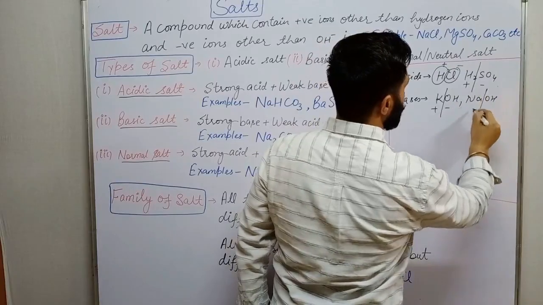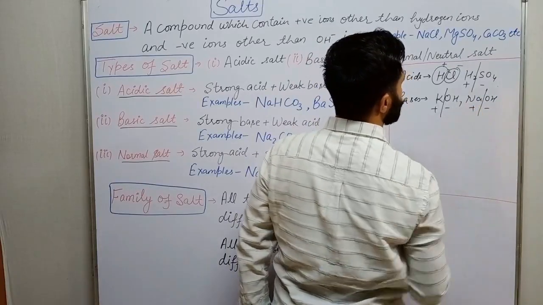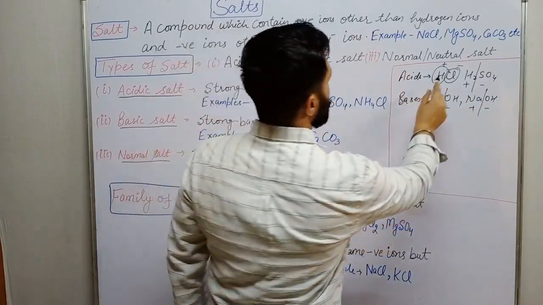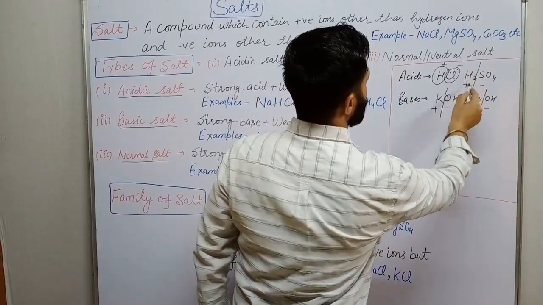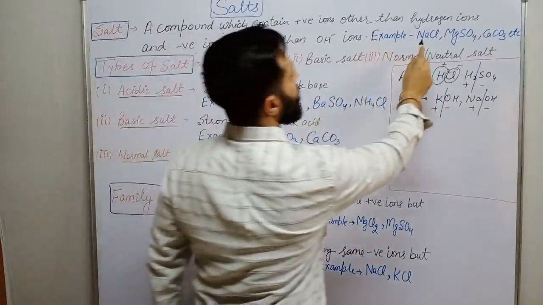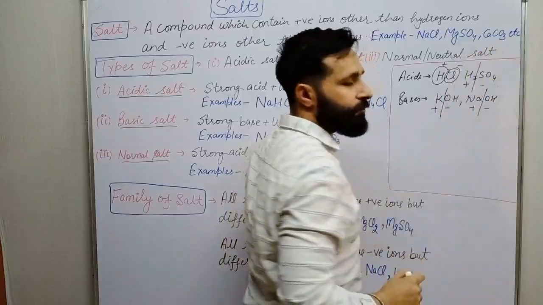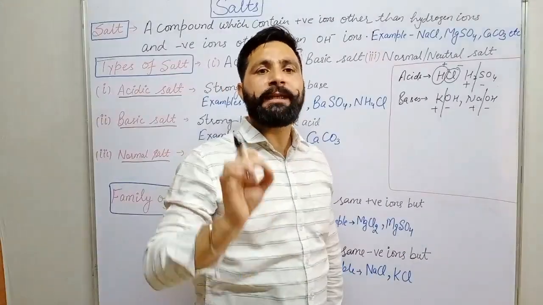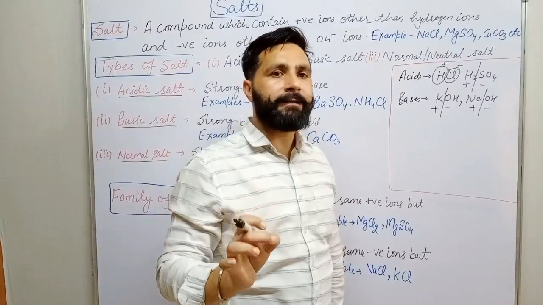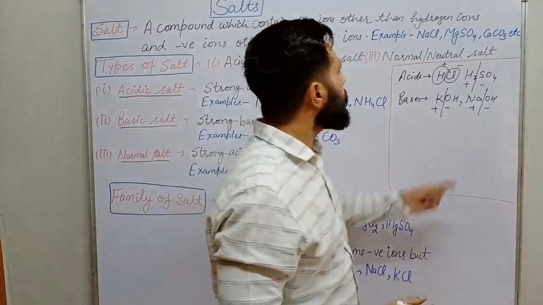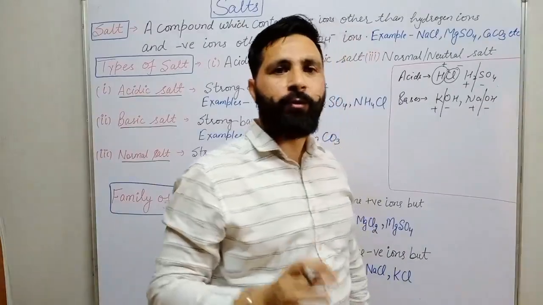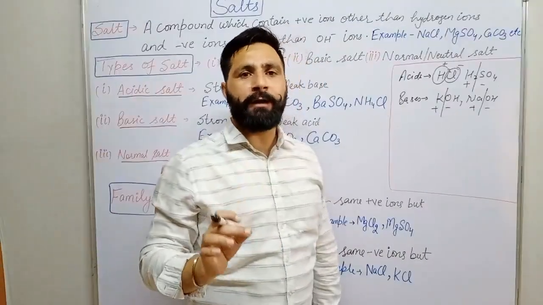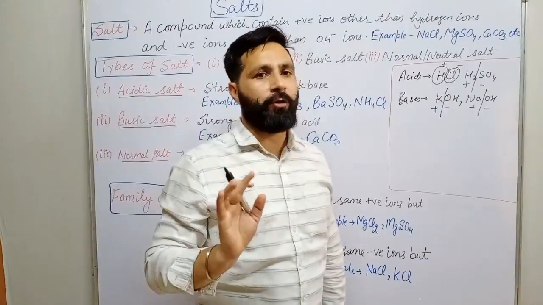So beta, the positive ion is hydrogen ion here, but in salts like NaCl, MgSO4, CaCO3, any compound in which you will not see H, that is a salt. Obviously in OH also there is H. So any compound which does not contain H is a salt.